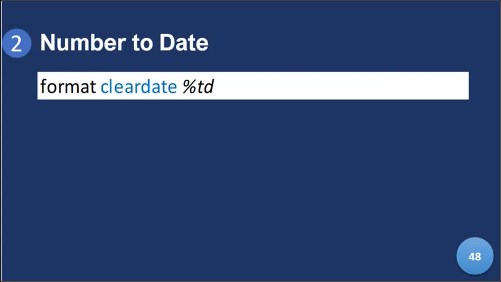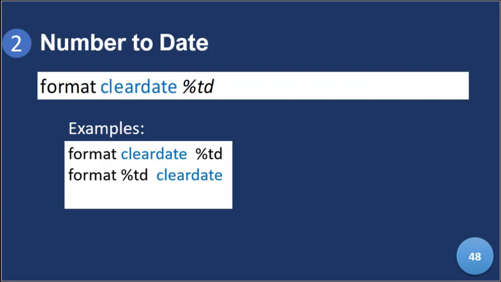We're going to spend a lot of time with time, so that's TD, time date, and time clock. I will explain all that in Module 8 in detail, but these are the fundamentals. So we can have format clear_date %td, meaning time date, or format %td clear_date, you put the percent before. Either way, it works, and when we do the practicals you will also see this.